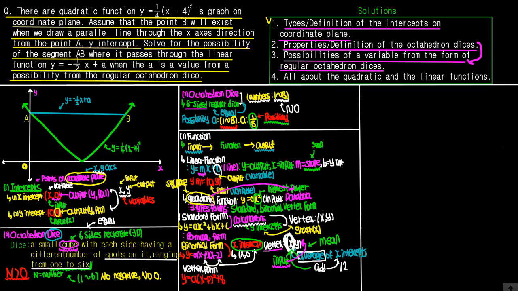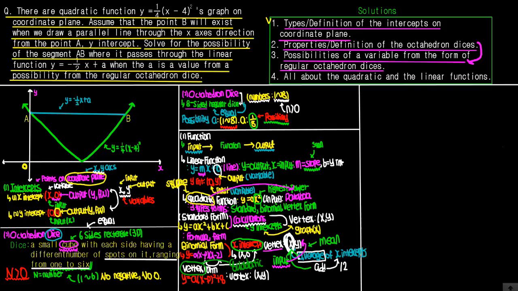As we can see from its name, it is obviously optimized for solving for our vertex, which is the most important thing in our quadratic function. The reason is that every single coordinate on our coordinate plane, including the vertex, is going to be x comma y, where input and output exist.